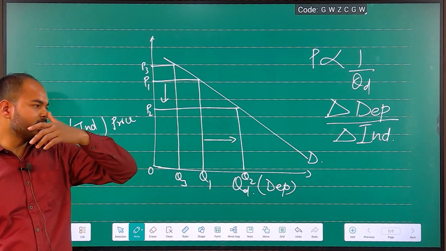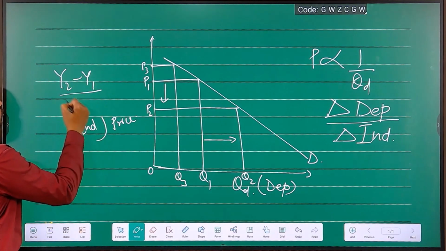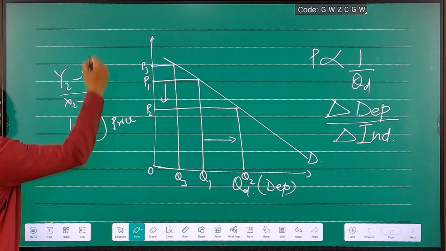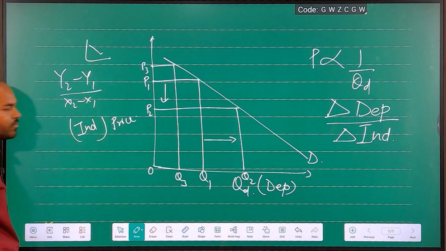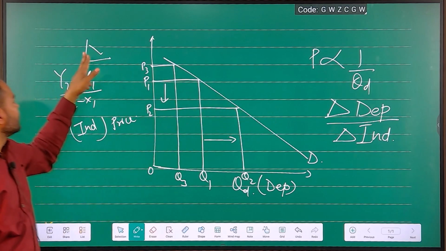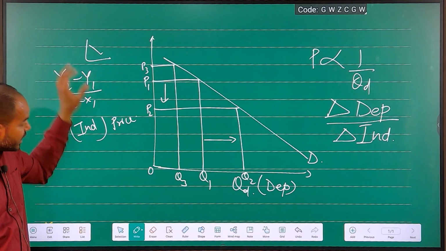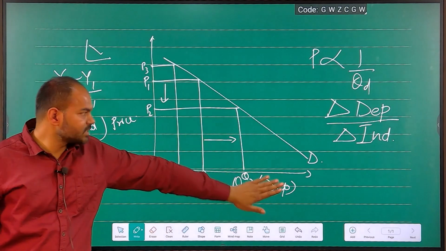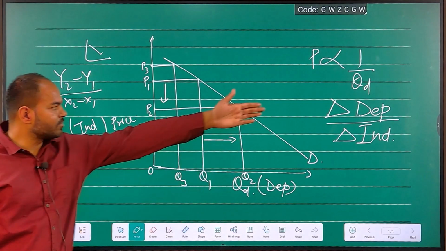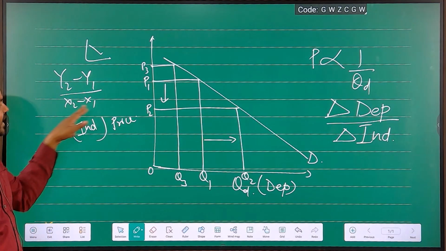Or you definitely have heard about (y2 minus y1) upon (x2 minus x1). In the case of any graph, when we calculate the slope, here y is nothing but the representation of the dependent variable. Here we have the dependent variable on the x-axis. No need to worry, we have to write in the same manner, and x represents the independent variable.